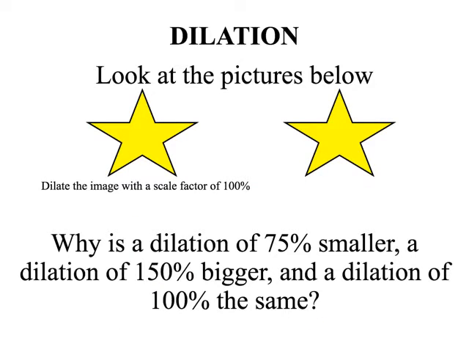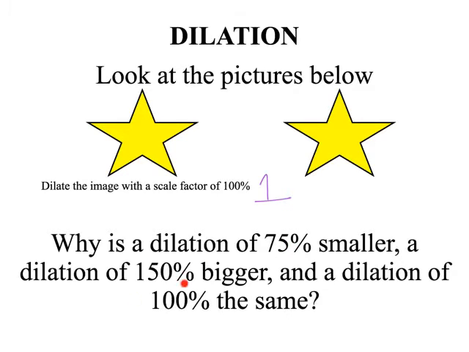Suppose we dilate it with a scale factor of 100%. The scale factor is 1. Well, what happened? It's the exact same size, so it didn't change at all. So now this is congruent. When the scale factor is just 1, that means it stays the same size. When it was 75%, it got smaller because the scale factor was less than 1.